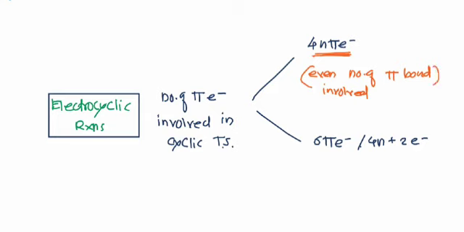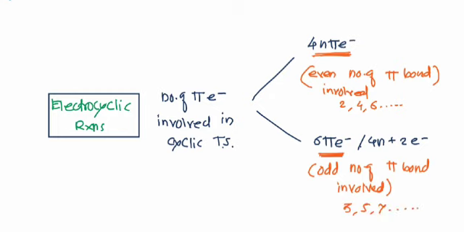Even number means either 2 pi bonds, 4 pi bonds, 6 pi bonds, and so on. It's not the number of electrons, it is the number of pi bonds. Then you can easily classify whether it is 4n or 4n plus 2. Now what is 6 pi? 6 pi means an odd number of pi bonds are involved. So this is the classification of electrocyclic reactions.